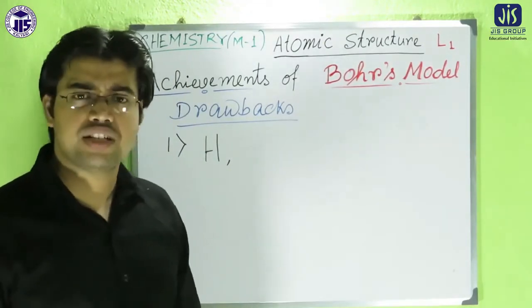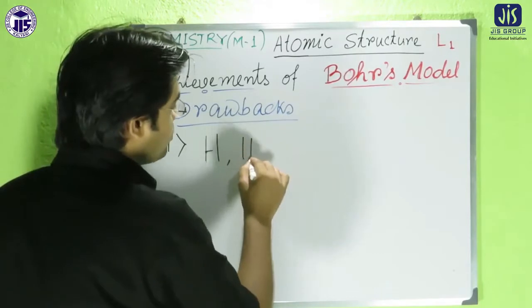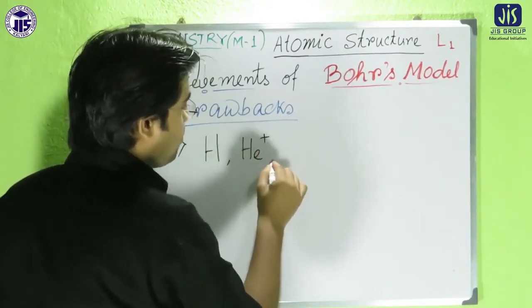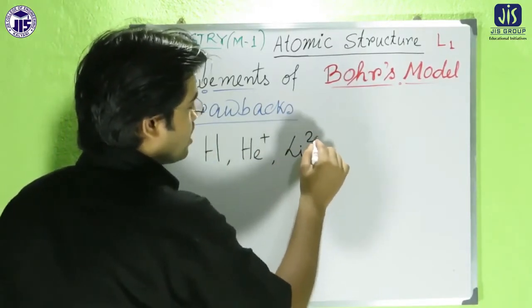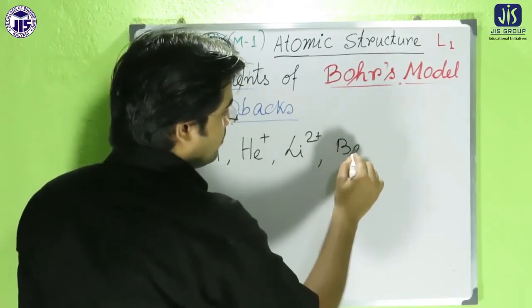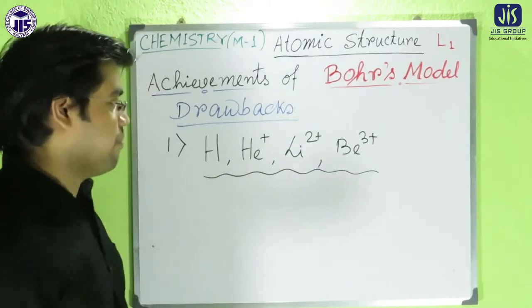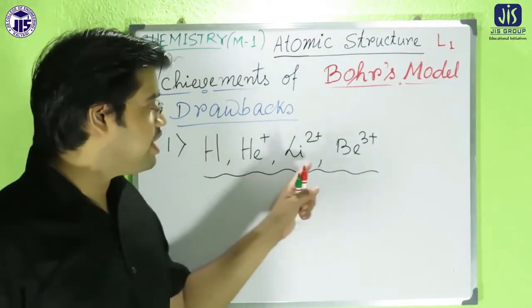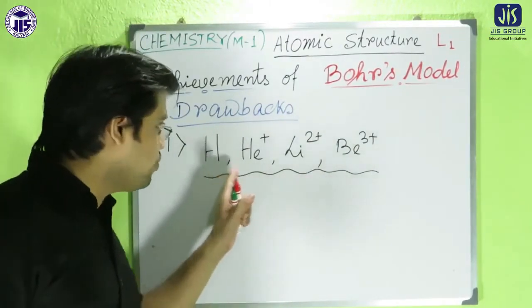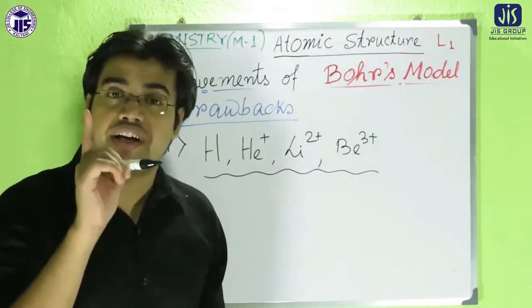What is a one electron system? One electron system means either hydrogen, helium plus, lithium 2 plus, beryllium 3 plus. Those are all one electron systems. That means in each and every case, if you check carefully, there is only one electron.